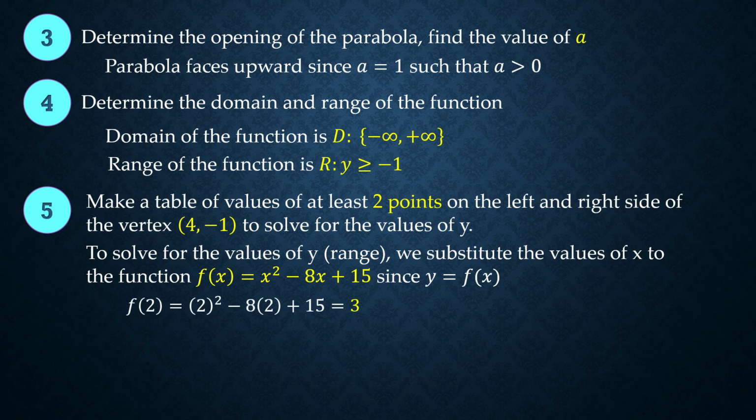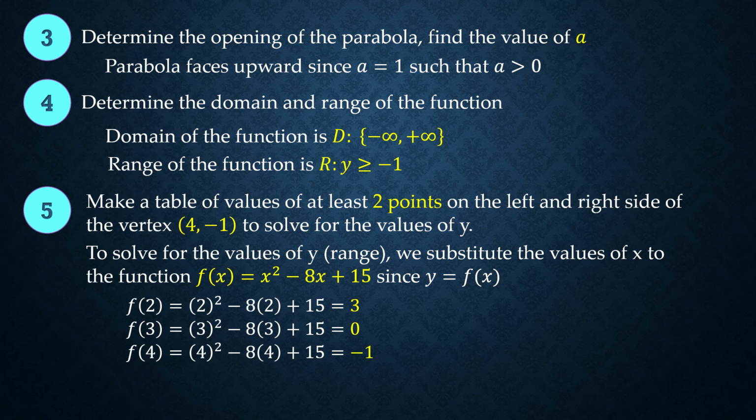First, x is 2. So f of 2 is equal to 2 squared minus 8 times 2 plus 15, which is equivalent to 3. Check: 2 squared is 4, 4 minus 16 plus 15 is equivalent to 3. If x is 3, recheck using your calculator: f of 3 is equal to 3 squared minus 8 times 3 plus 15, which is 0. 3 squared is 9, 9 minus 24 plus 15 is equal to 0.